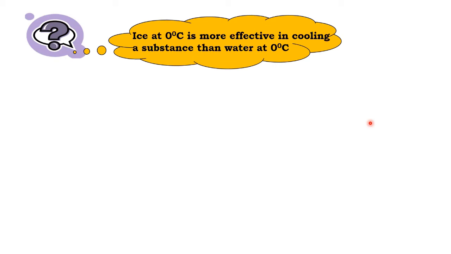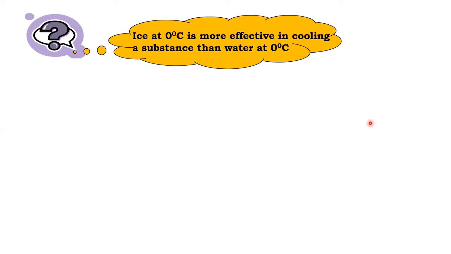Yes or no? But when you talk about water, water is already fused, it is already converted into liquid, so we won't have any latent heat energy of fusion taking place over here. It will simply absorb heat, leading to decreasing the temperature of the other substance from where the heat is absorbed by the water, and then water simply rises its temperature.